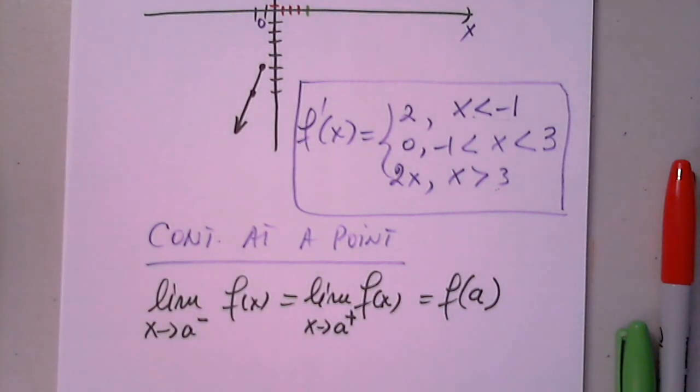Right here, it appears to have a vertical tangent. Obviously, it looks like a tangent on this side and a tangent on this side, and they don't appear to be the same. Good.